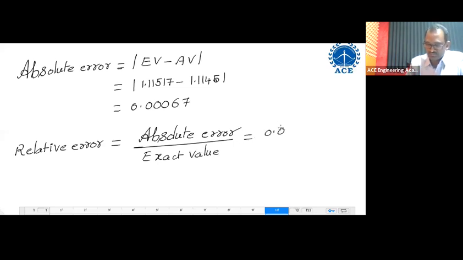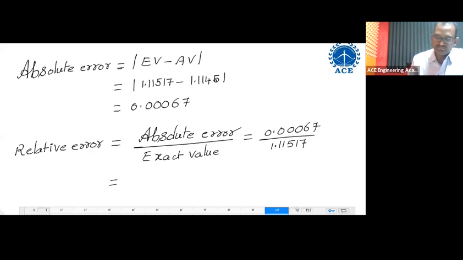That is 0.00067 by exact value 1.1157. 0.06% is correct, but I need this answer.